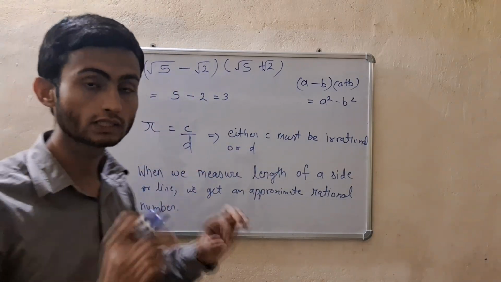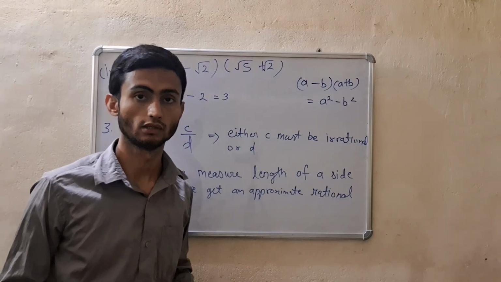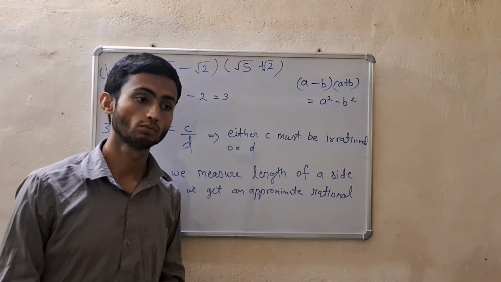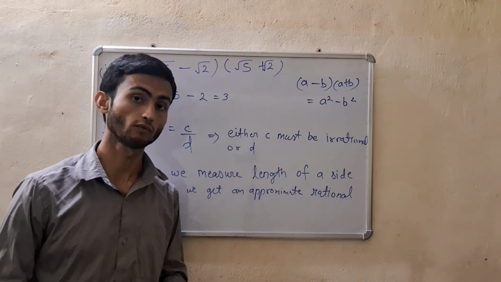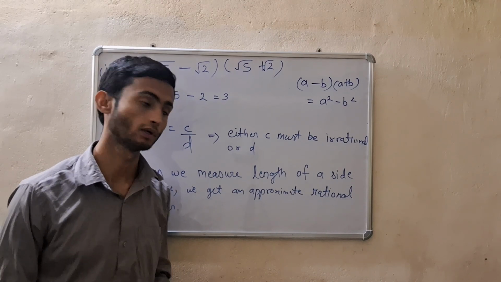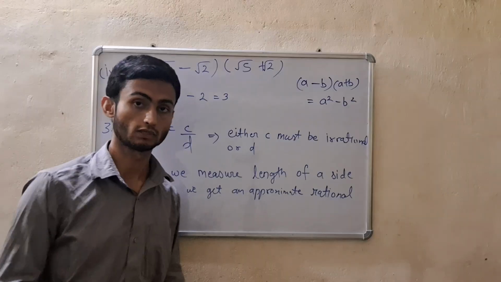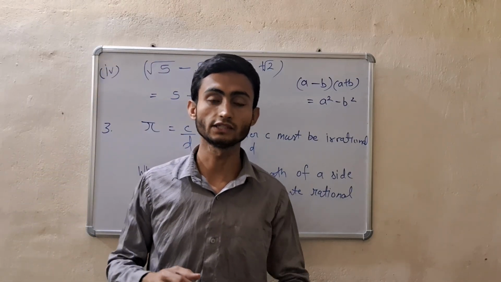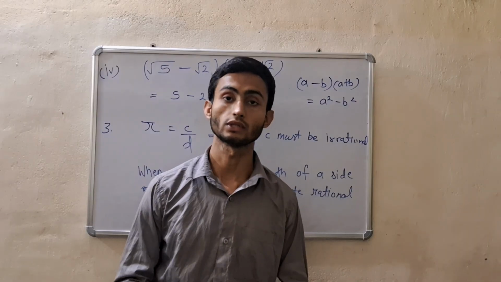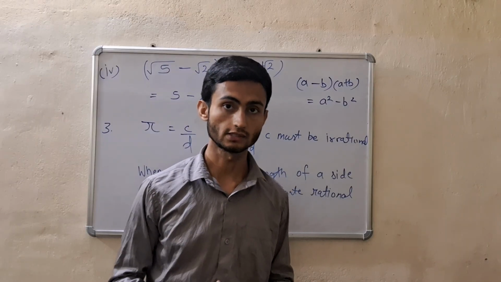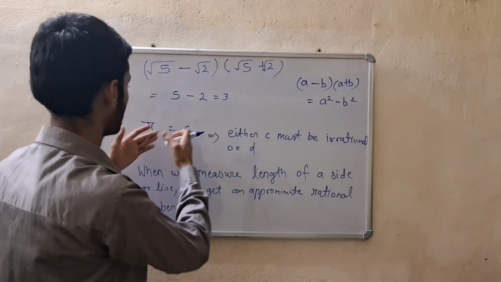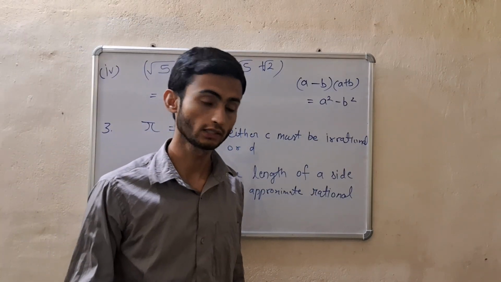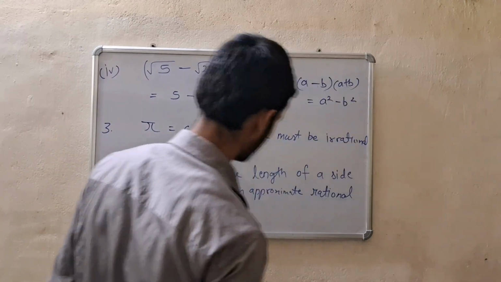One of these needs to be irrational if pi is irrational, because we know that the quotient of a rational number with an irrational number is an irrational number. But while measuring this, in reality, we do not get an irrational number. So that's why we do not realize that this is an irrational number. So there is no contradiction, right?